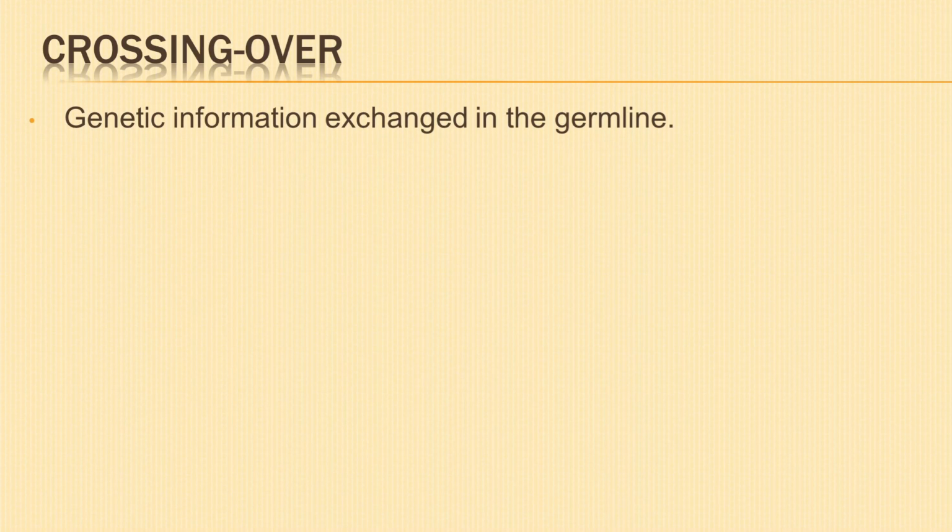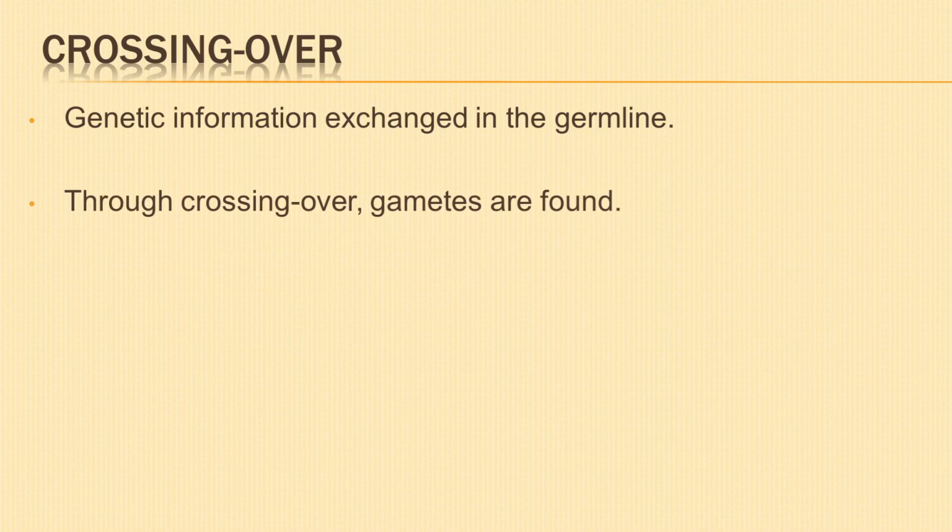genetics. Crossing over is a phenomenon through which genetic information is exchanged in the germline. Through crossing over, the genes between homologous pairs separate and segregate into different gametes.